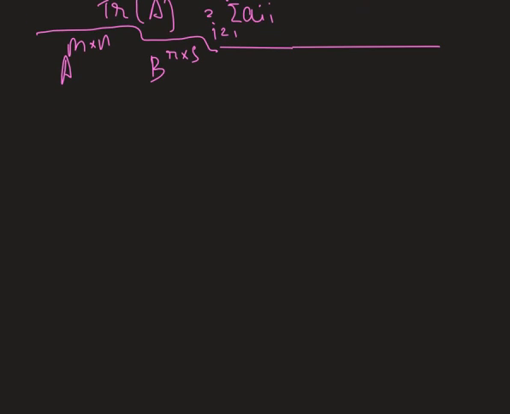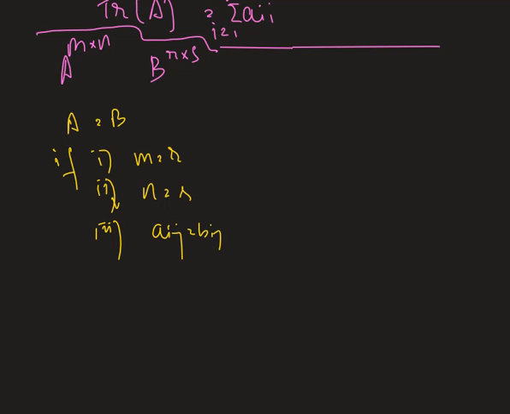Now we say that A and B are equal matrices if m equals r, that is the number of rows in A is equal to the number of rows in B. The next point is n equals s, that is the number of columns in A equals the number of columns in B. And our third point, Aij equals Bij, that is every element is equal for i equals 1 to m and j equals 1 to n.